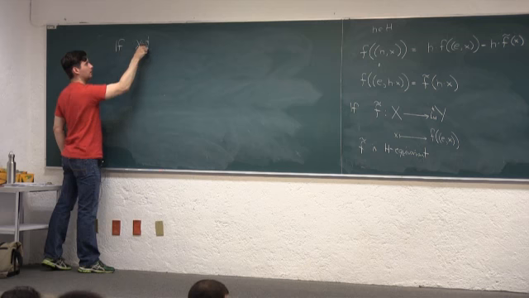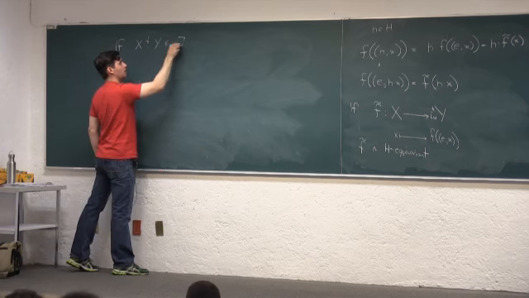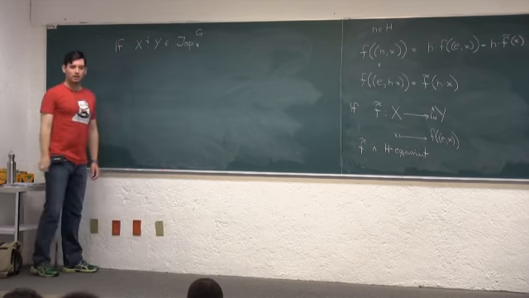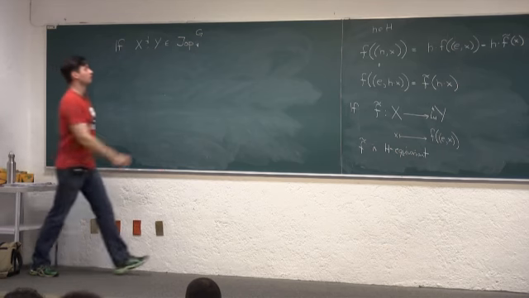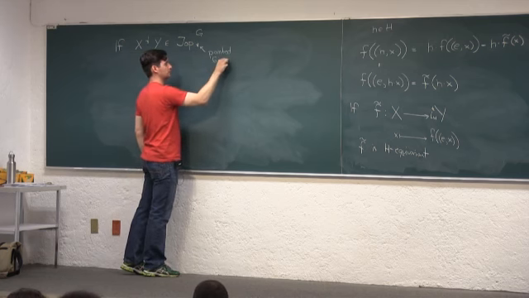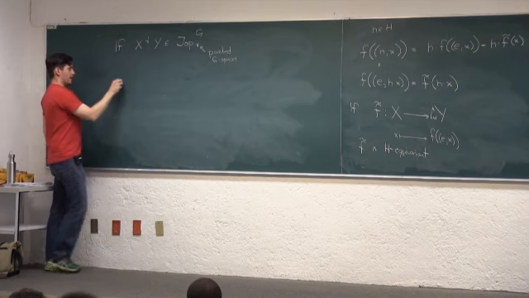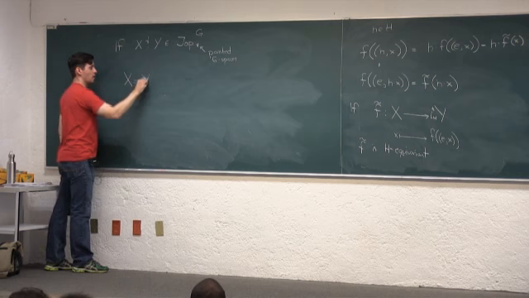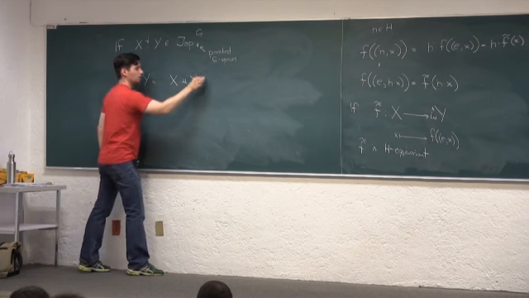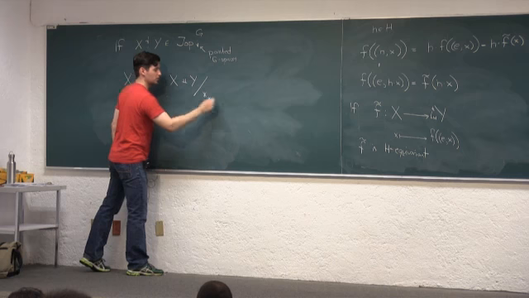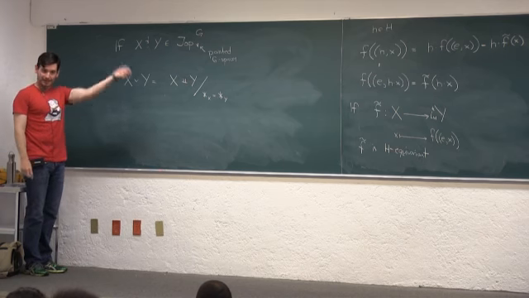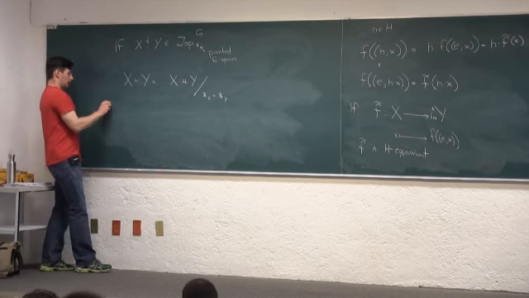So if X and Y are pointed G spaces, and I'll put a little star here to remind us that this is the same star as over there, then I have X wedge Y. This is the disjoint union of X and Y modulo the relation that the base point of X is set equal to the base point of Y. So I take the disjoint union and declare that I have a unique base point now.